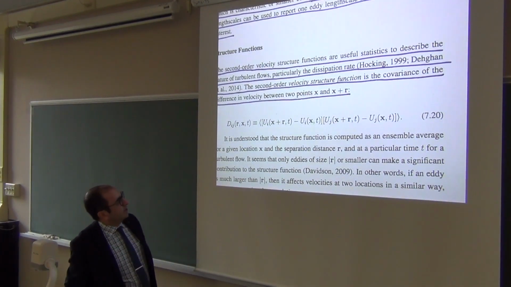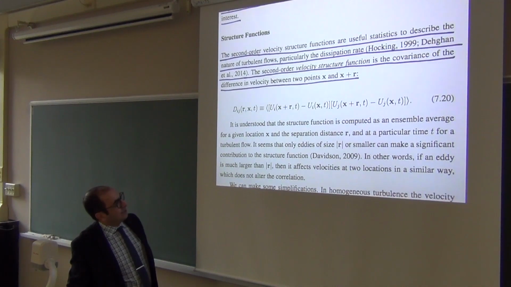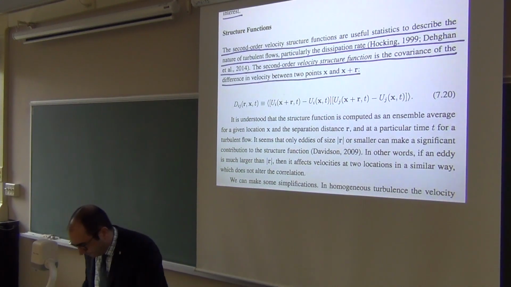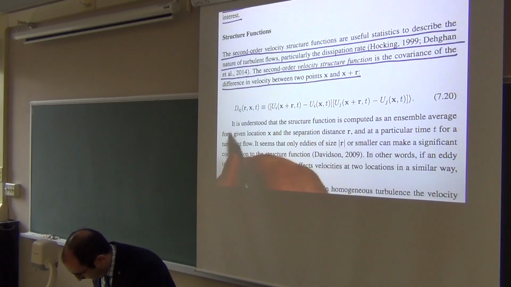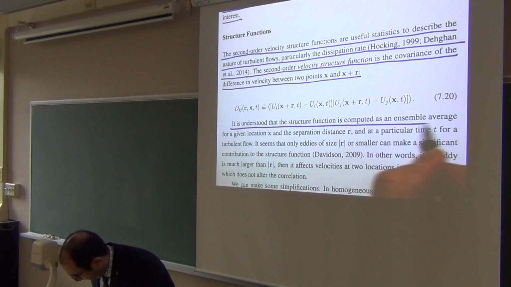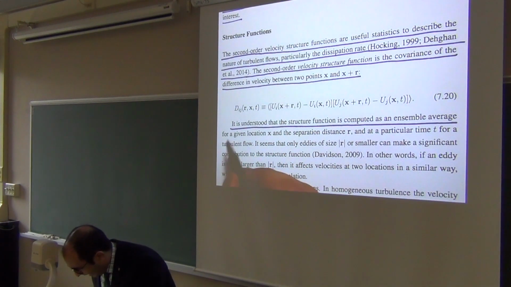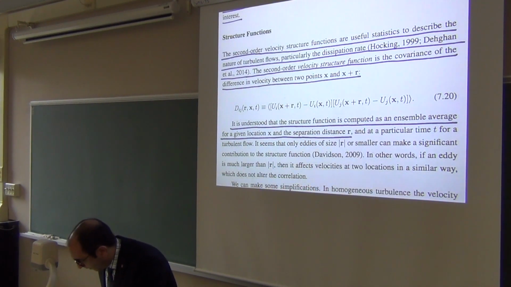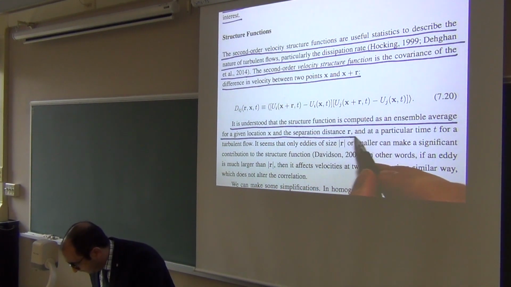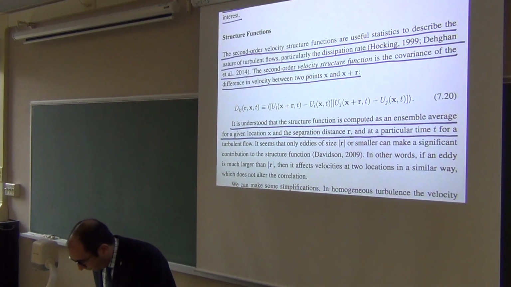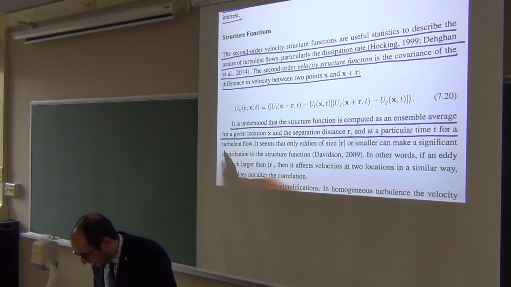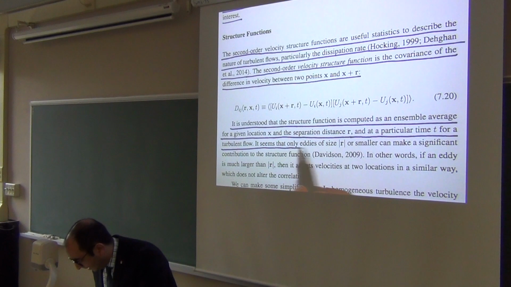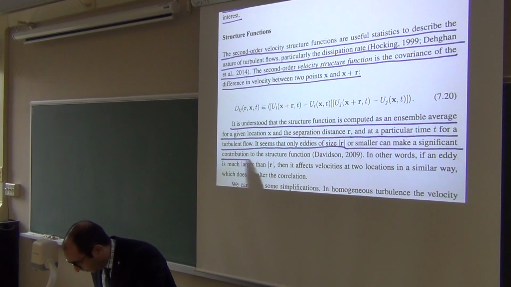Extremely useful. It is understood that the structure function is computed as an ensemble average for a given location x and separation distance r, and a particular time, of course, if the flow is not statistically stationary. It seems that only eddies of size r or smaller can make a significant contribution to the structure function, and that's true.